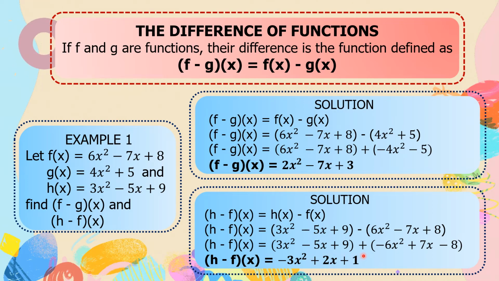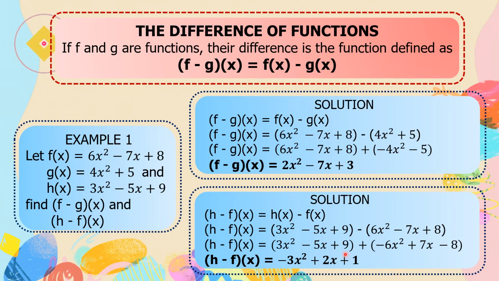Ngayon, let's add. Add lang natin ng similar terms. 3x squared is similar to negative 6x squared. So, i-add natin 3x squared plus negative 6x squared is equal to negative 3x squared. Next is negative 5x plus positive 7x equals positive 2x.